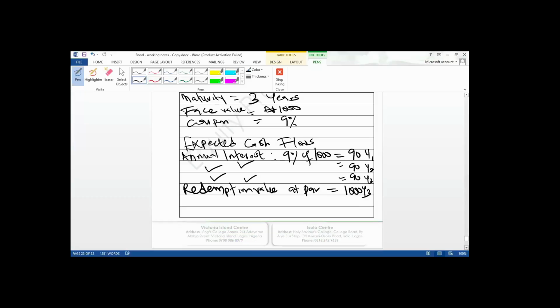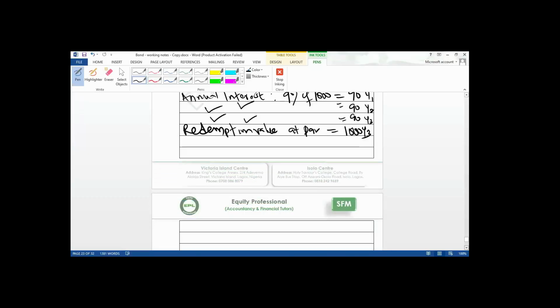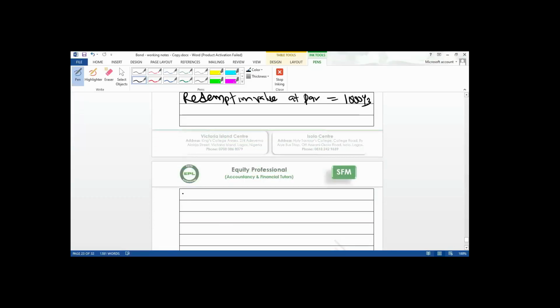You can now calculate price of this bond. Price of this bond is equal to cash flow in year 1, 90 naira, over 1 plus R in year 1. What is the spot rate for year 1? 0.0476 raised to power 1.